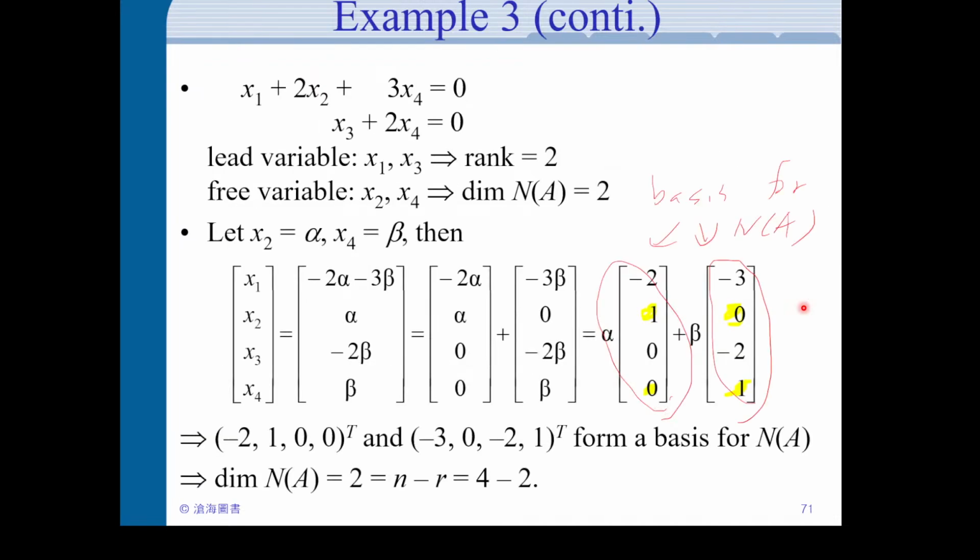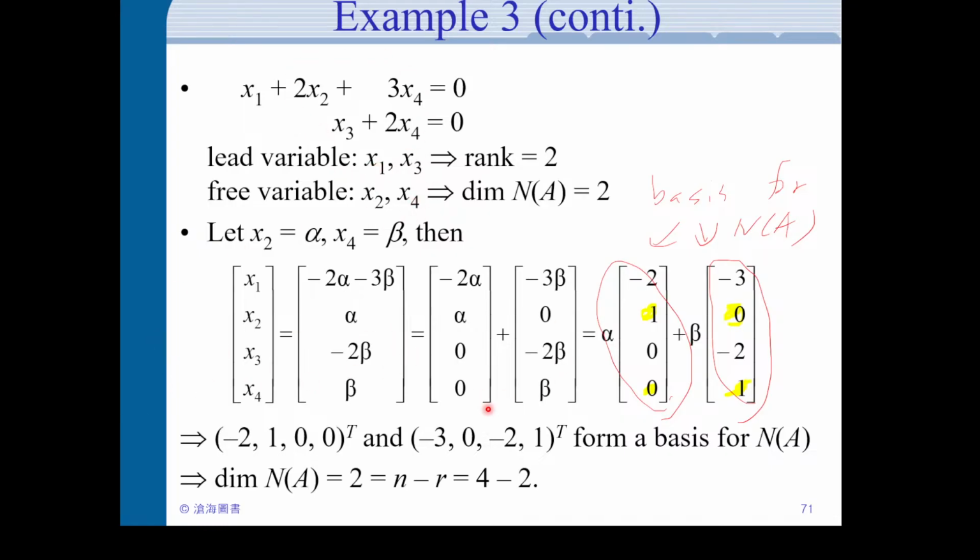Okay, so the lead variables are x1 and x3, and the free variables are x2 and x4. The nullity will equal 2, because you can choose your free variables freely, and these two free variables give you 2 dimensions of your null space.